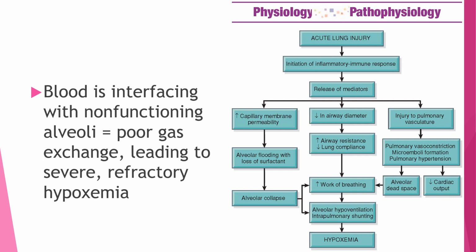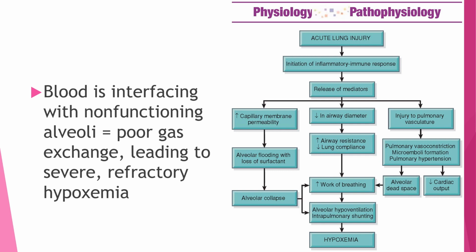So here's a little physiology, pathophysiology kind of walkthrough. Blood is interfacing with non-functioning alveoli, which means they have perfusion of the alveoli, but there's no gas exchange or very poor gas exchange happening at the alveoli. So even if we're forcing oxygen down into their lungs, they're still not oxygenating.